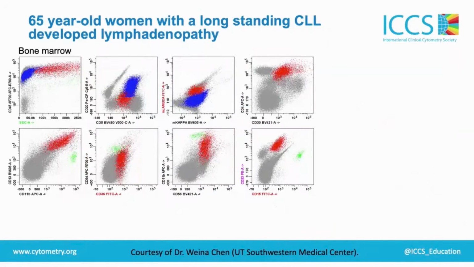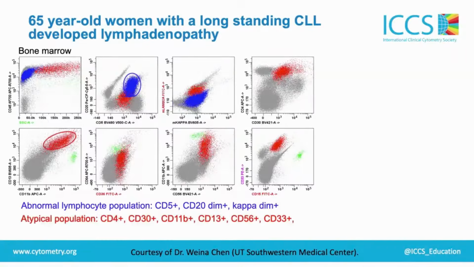This is a 65-year-old woman with a long-standing CLL who developed lymphadenopathy. In the bone marrow, there is an abnormal lymphocyte population with aberrant expression of CD5, dim CD20, and dim kappa light chain expression, consistent with CLL. Additionally, there is an atypical population with some monocytic marker expression, including CD4, CD13, CD33, and aberrant CD56.